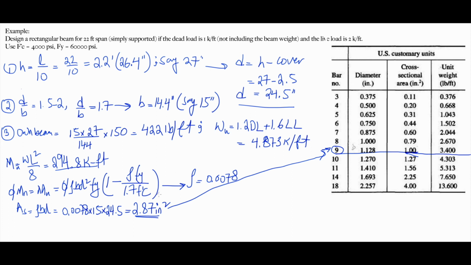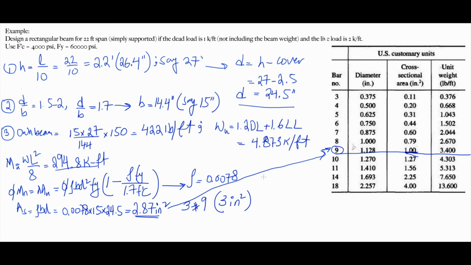So let's choose 3 bar 9, which is equal to 3 times 1 inch squared, which is 3 inches squared. That's As.